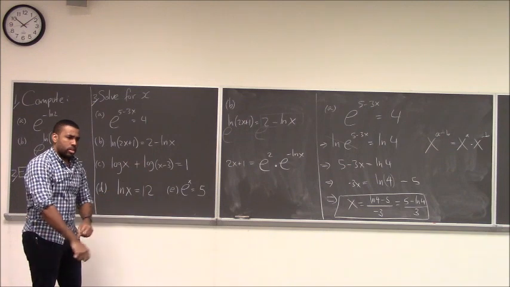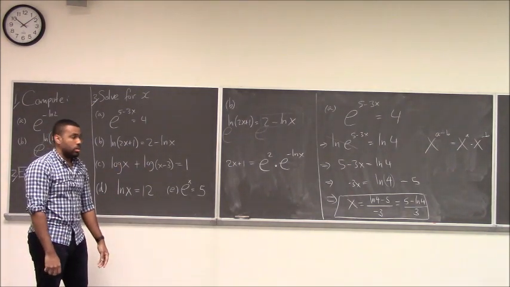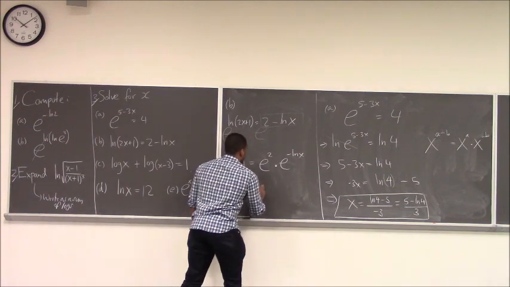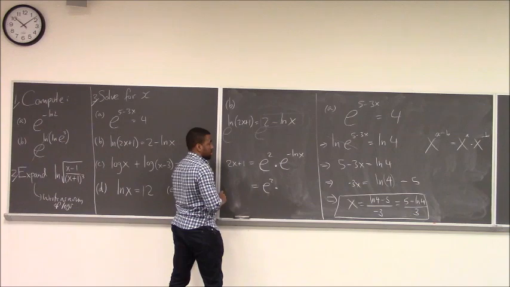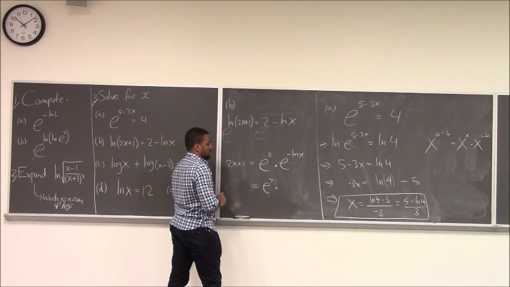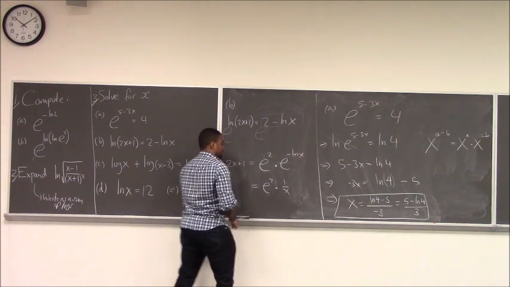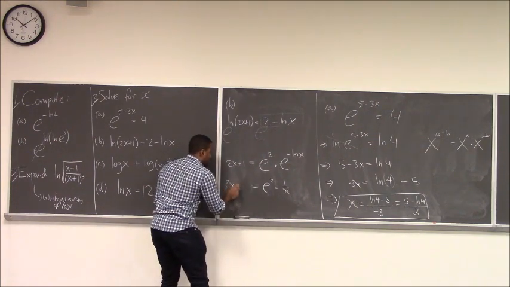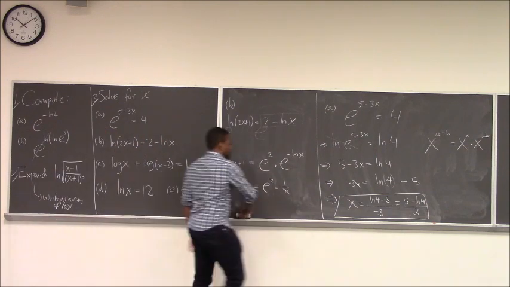I'll do a different way to do this problem, but if you want to go down this road, that's how you would do it. So that's just e squared, and what's this guy? Negative, no. 1 over x. 1 over x. It's like that guy. Okay, so that's 2x plus 1 equals that.